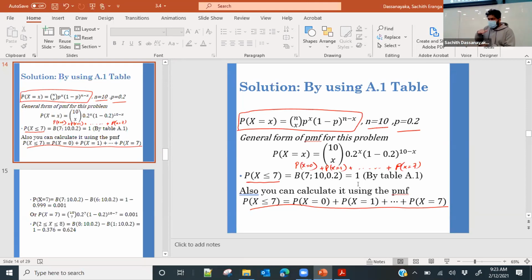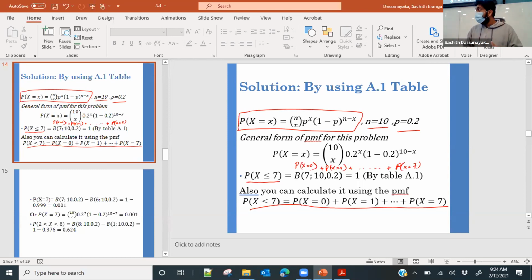So when x comes to 7, it jumps to 1. I'm talking about the CDF only. When x equals 8, can it jump? No, it remains the same at 1. That's the CDF, that's another story.